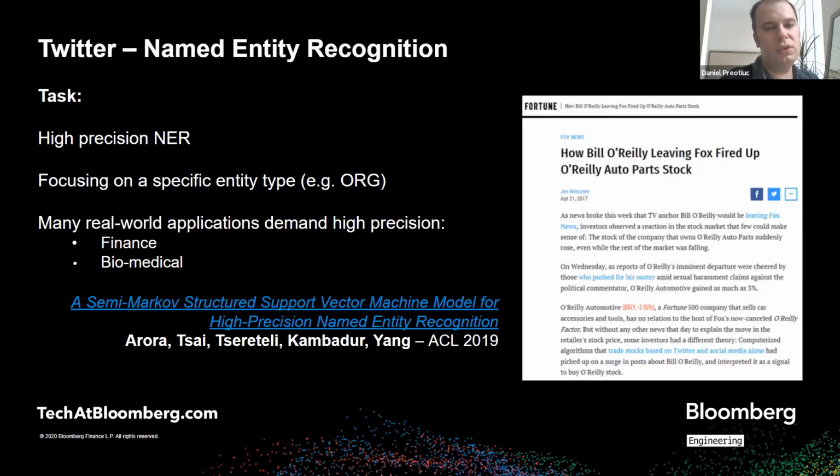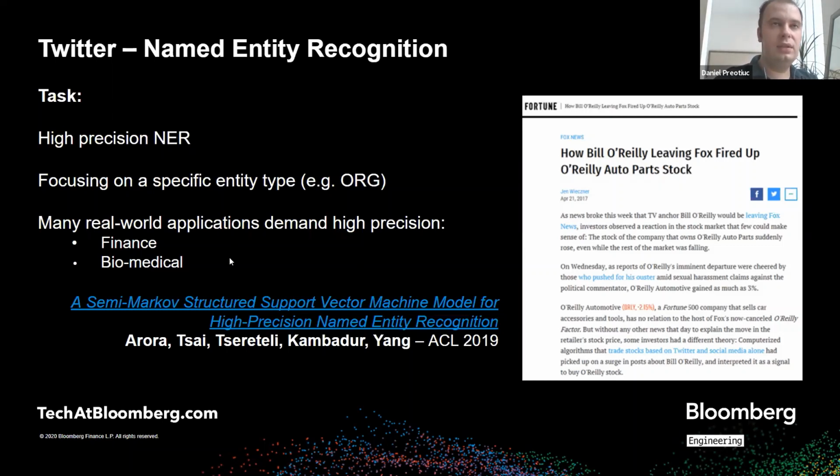We mostly focus on different experimental setups compared to your usual tasks. One thing we're interested in is high precision NER. If we have clients that trade on this information, we want to reduce the number of false positives. So for us, precision is maybe more important than recall.